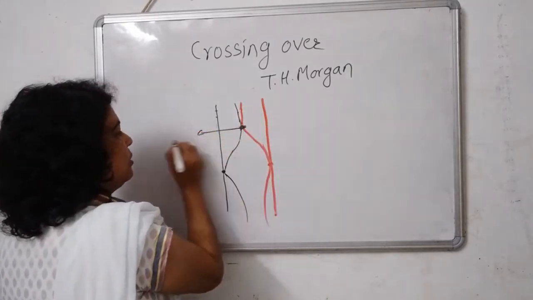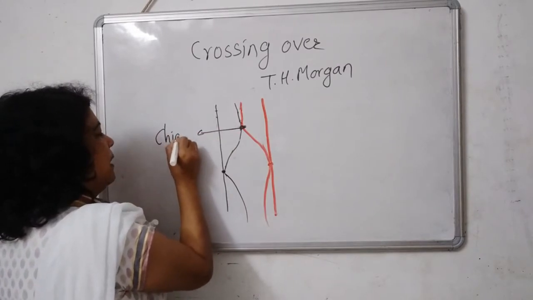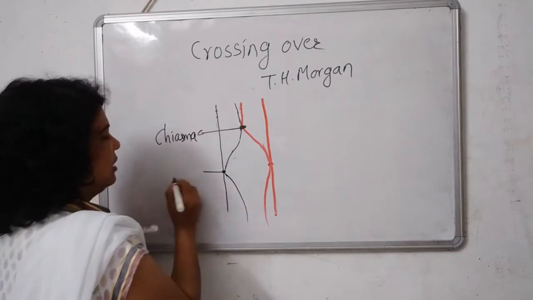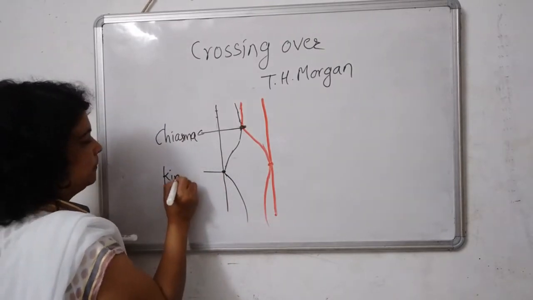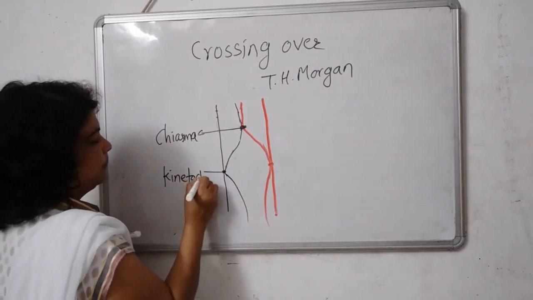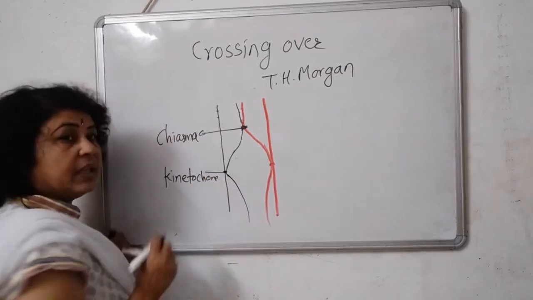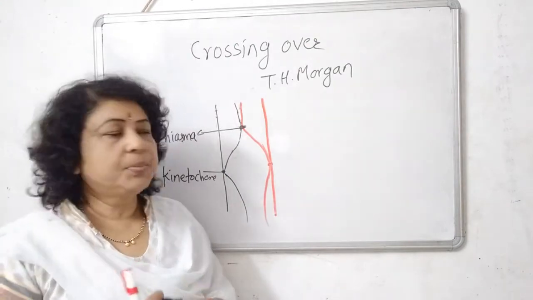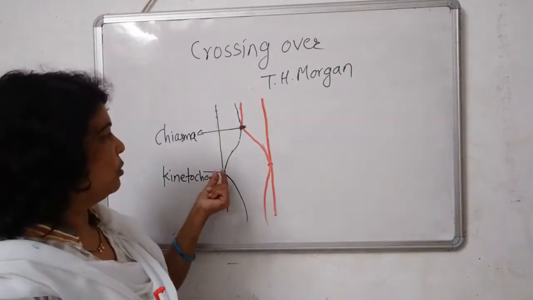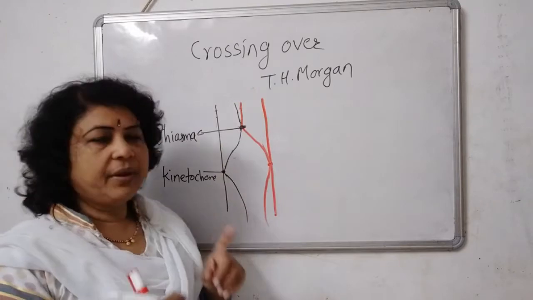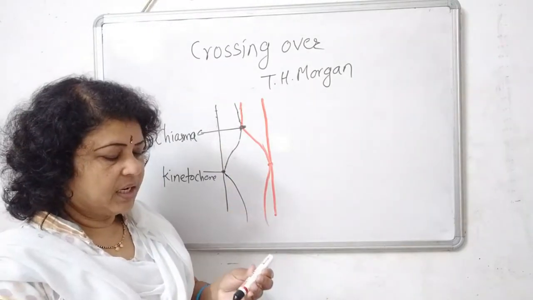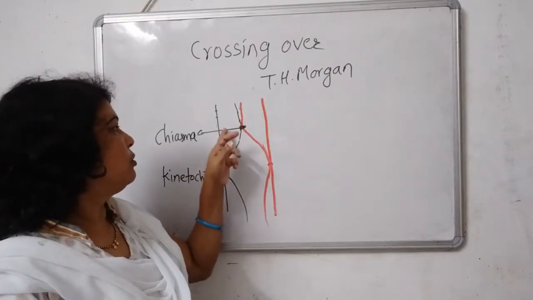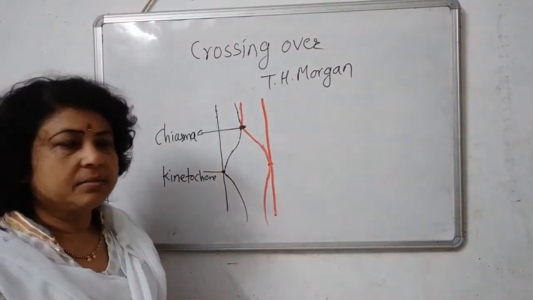This point is the kinetochore, with the help of which it attaches to the spindle fiber. And the chiasma is where these two chromatid threads unite. This point of union of the two chromosomes is known as the chiasma.